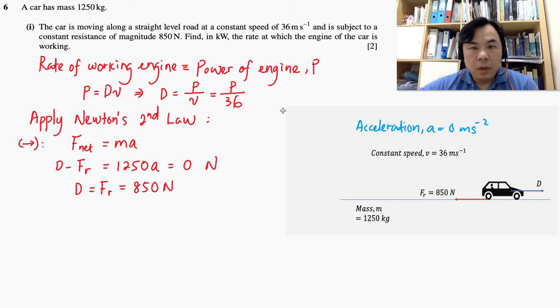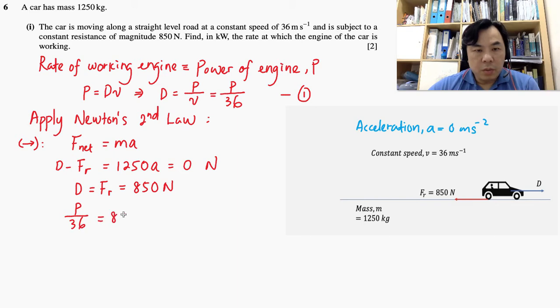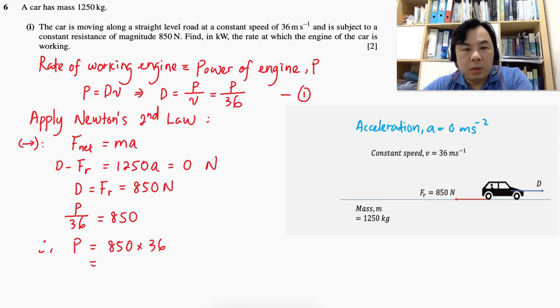We also know from equation number one that the driving force is given by power over 36, which is equal to 850. Therefore, the rate at which the engine is working, which is given by P, is 850 times 36 here. So let me tabulate that, and let's see what we have. 850 by 36 would give us 30,600 watts.